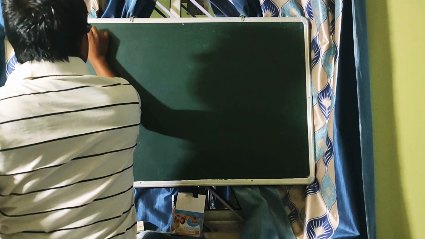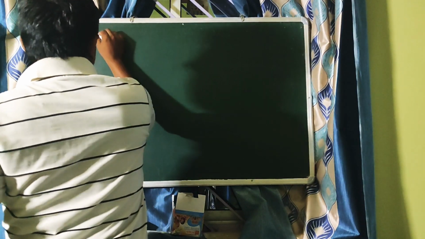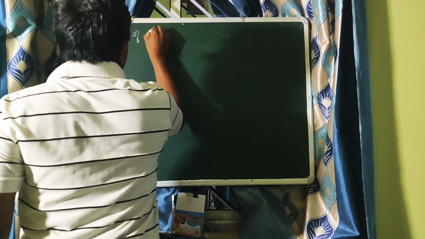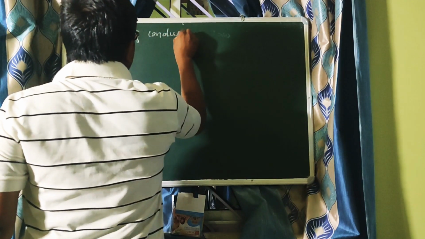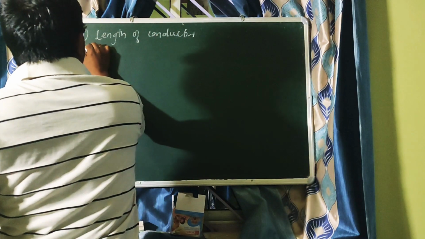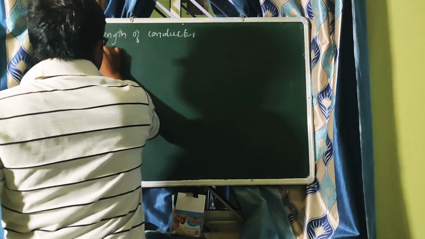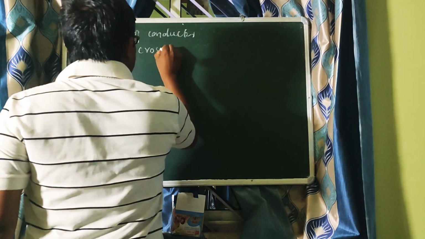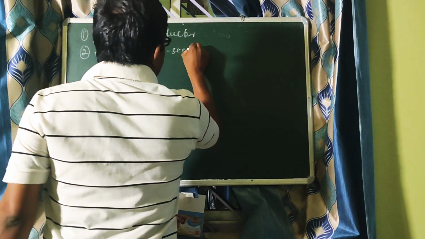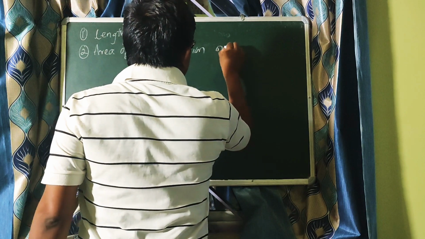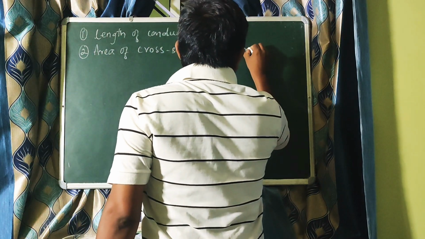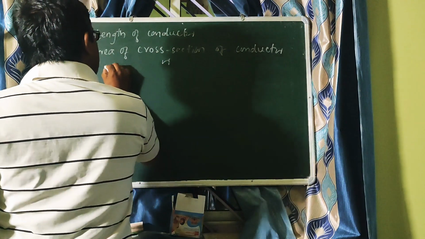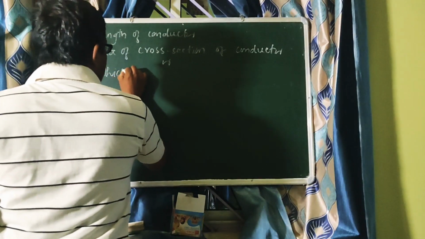Factor number 1 is length of conductor. Factor number 2, area of cross section of conductor, or we can say this is the thickness of conductor.